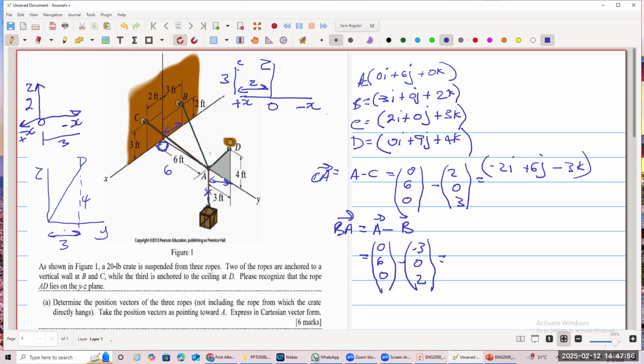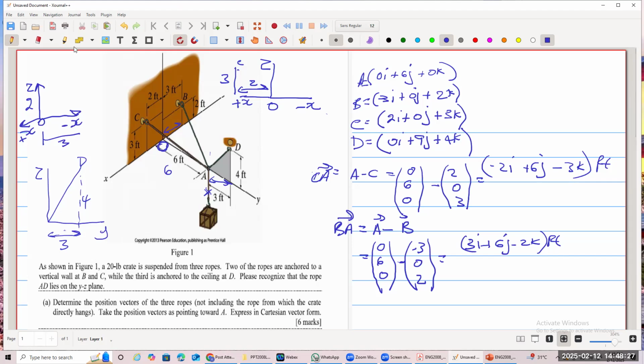So from 0 minus minus 3, you get plus 3I, because minus and minus give you a plus. And then 0 from 6, so you get 6J, and 2 minus 2 from 0, minus 2K. And the proper thing would be to write ft beside them, that is the proper notation.